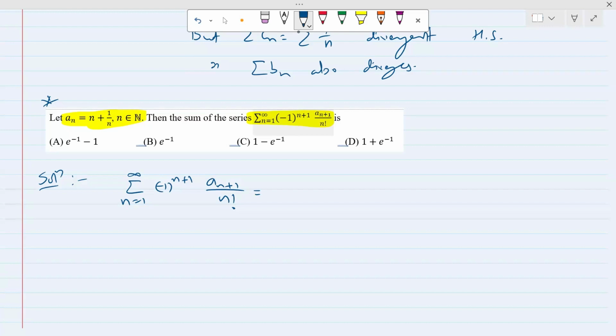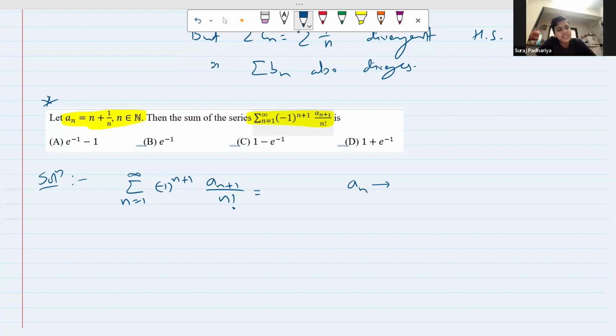So how will you? But sir, if n tends to infinity, then n will also tend to infinity. So 1 by n will become 0. But that first n will also tend to infinity, no? Yeah. So where does an go as n tends to infinity?